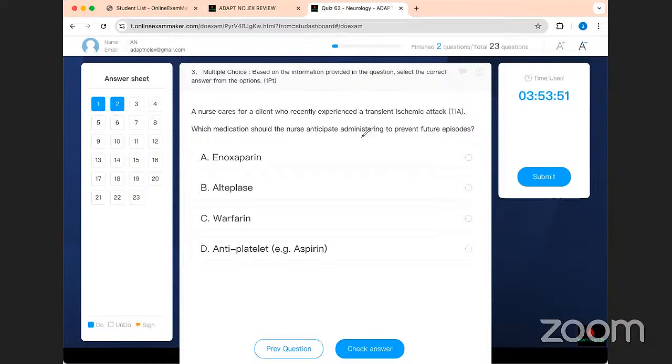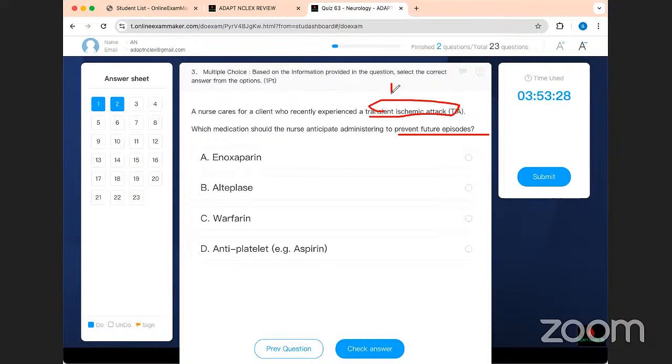What medication should the nurse anticipate administering to prevent what future episode? Keyword: future episode. If you read a question, try to figure out what the question is asking. The question says future episode. What happened? The client recently experienced a transient ischemic attack.